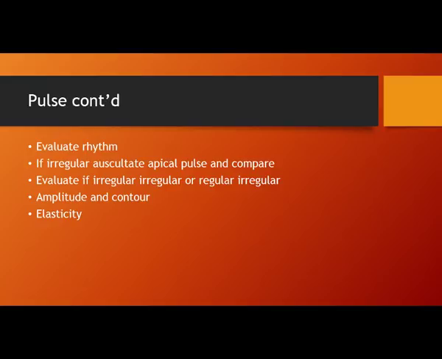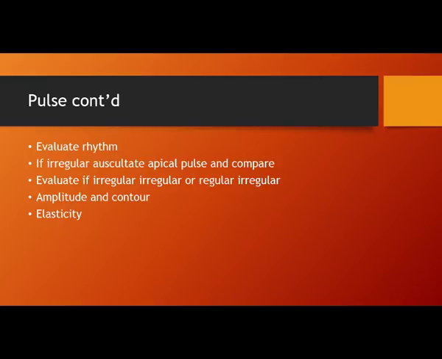By regularly irregular, we mean that, say, every third beat is dropped, but it's the same amount of time, like dun, dun, dropped, dun, dun, dropped. But irregular would mean something like dun, dun, dun dun, dun, dun, dun dun, like that. There's not any pattern to it.